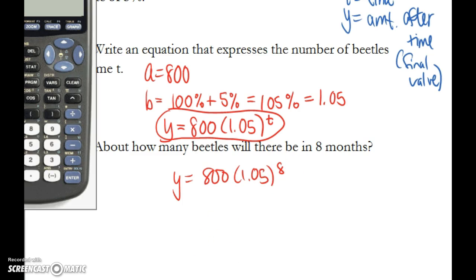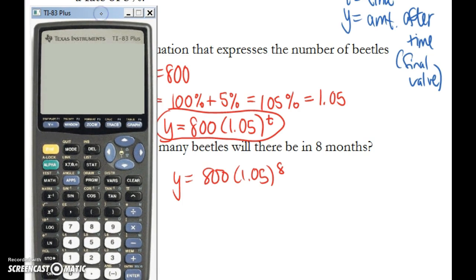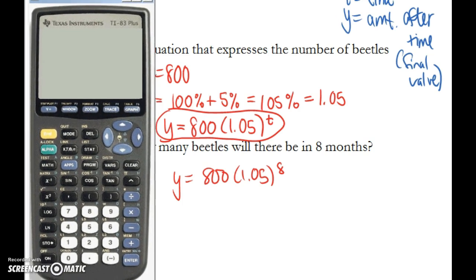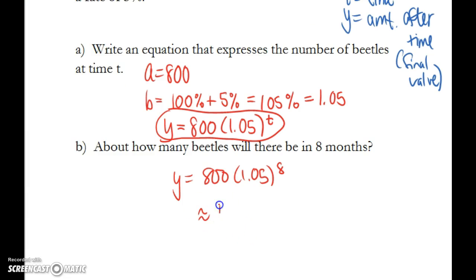Then it's just a matter of calculation. So pull up our little calculator here and we have 800 times 1.05 to the 8th power, and that's about 1,182 beetles.